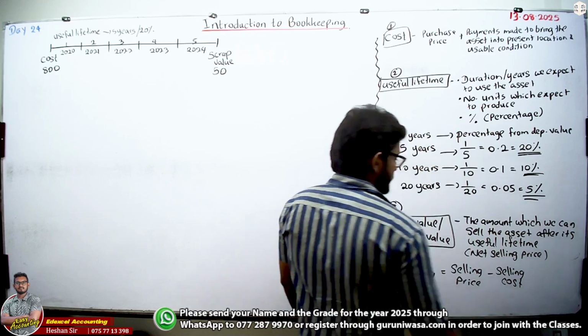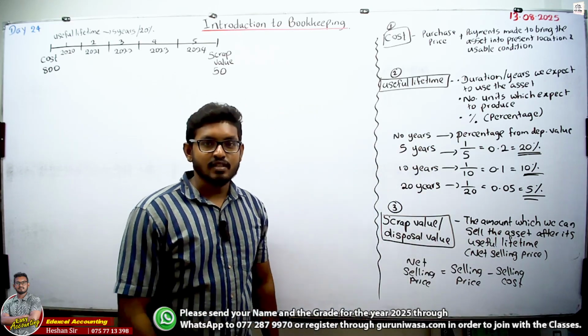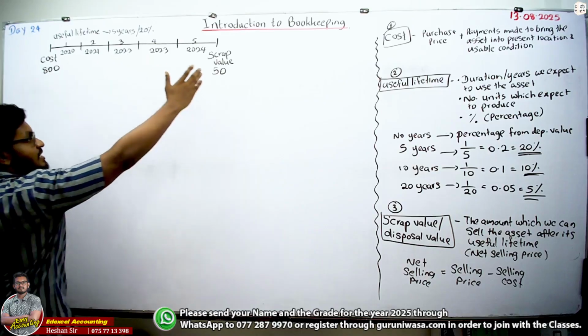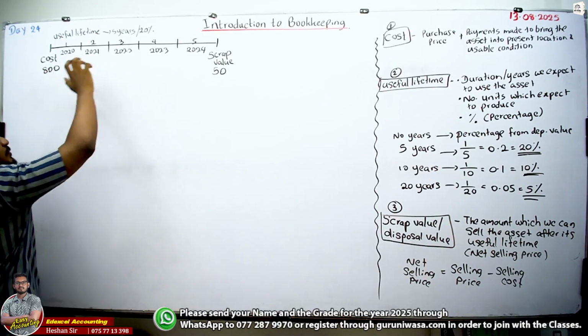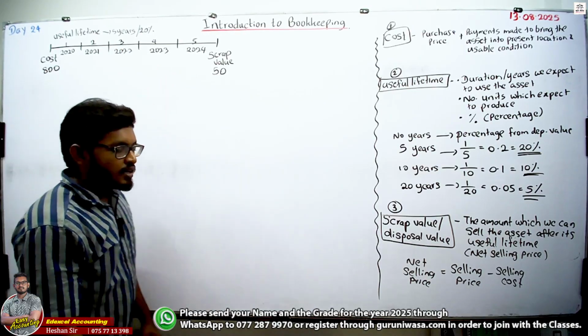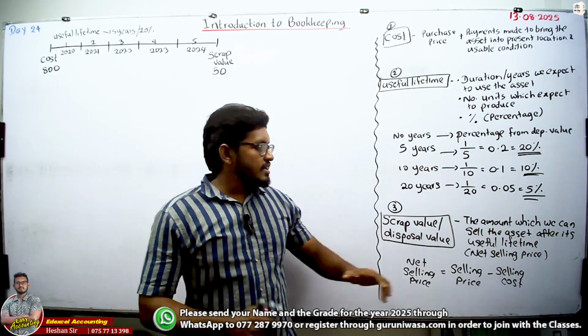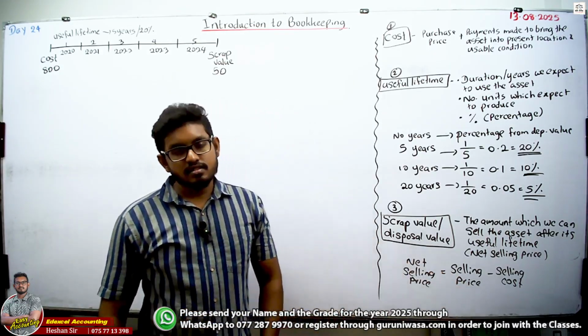Those are just estimates. Now think, when you are purchasing the assets, you are deciding the scrap value. You are in 2020, you are deciding it now. Now think you decide after 5 years I can sell these assets for $80.